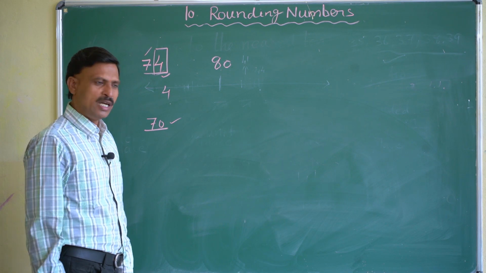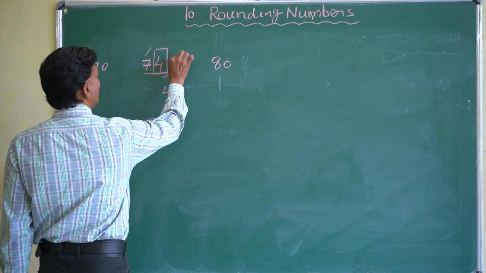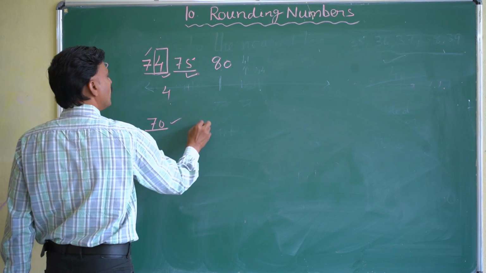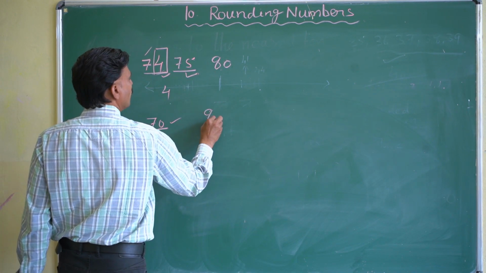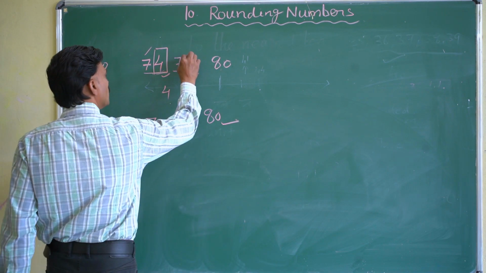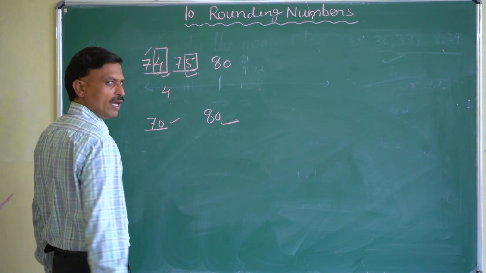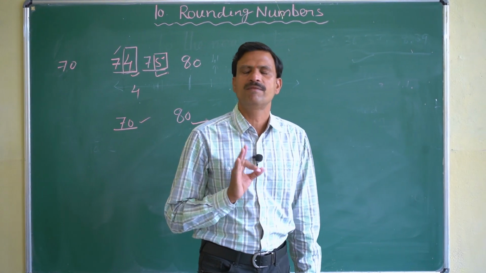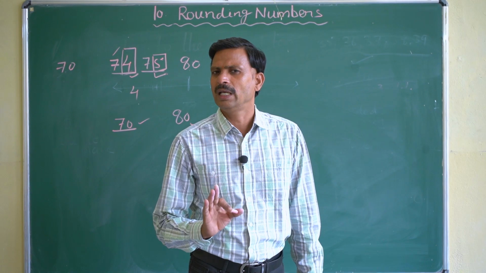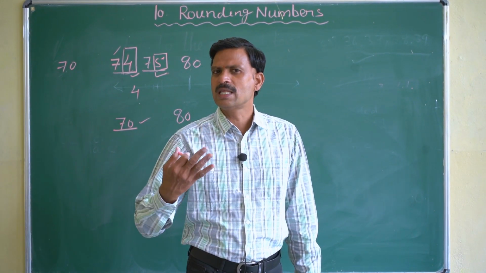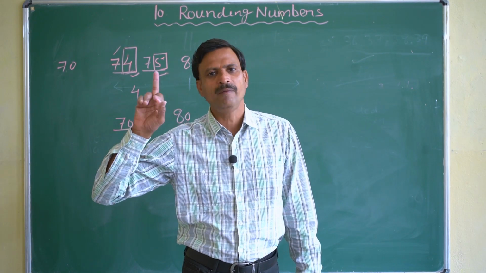So when we round off 74 to the nearest 10, it will be 70. Got it? Instead of 74, if it is 75 and we round off 75, definitely it is going to give 80. Why will it give 80? Because the unit place digit is 5 and the rule says that if the unit place digit is 5, 6, 7, 8 or 9, then we will increase the 10th place digit by 1.